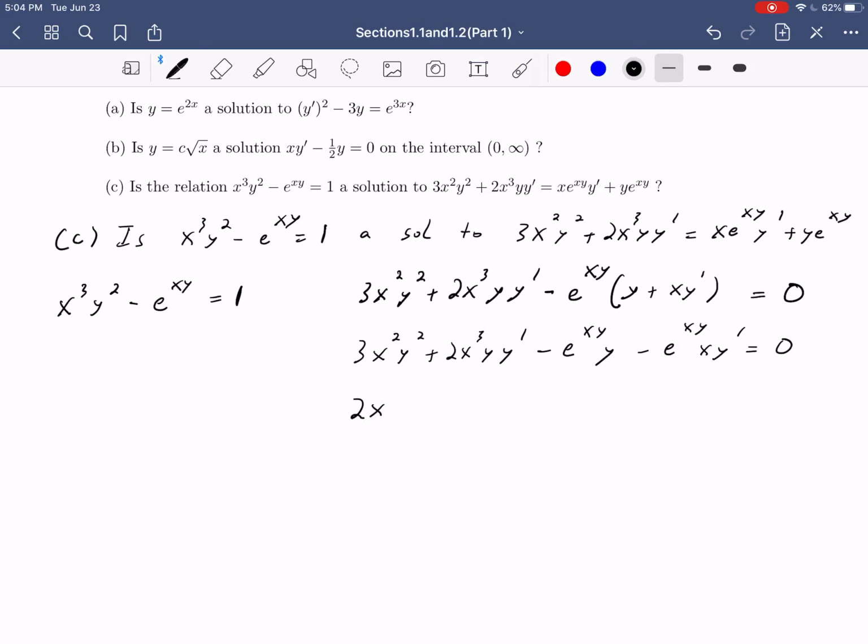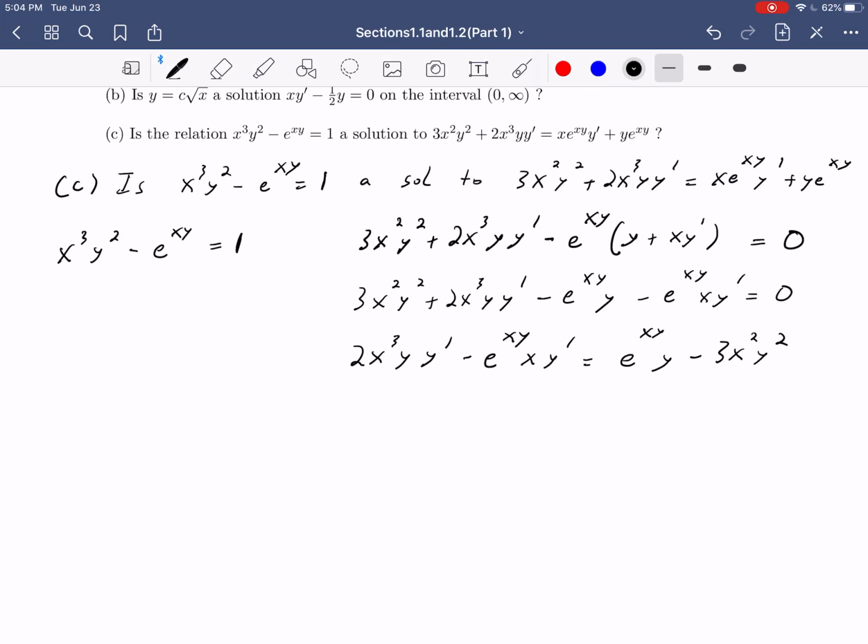So this tells us that 2x cubed y prime minus e to the xy prime is equal to e to the xy minus 3x squared y squared. And then delightfully, we could get that y prime is e to the xy minus 3x squared y squared over 2x cubed y minus, and I'll put the x in front now, x e to the xy.